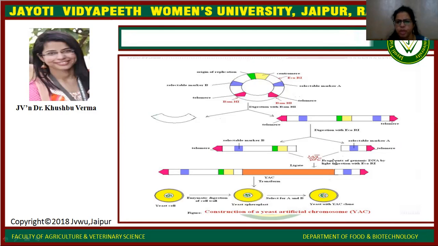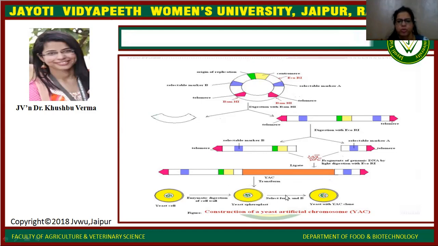Now, fragments of the genomic DNA are collected, and they are also treated with EcoRI and further ligated. So these foreign DNA fragments will be introduced in between this region. And this recombinant linear YAC vector is further transformed into the yeast spheroplast cells.